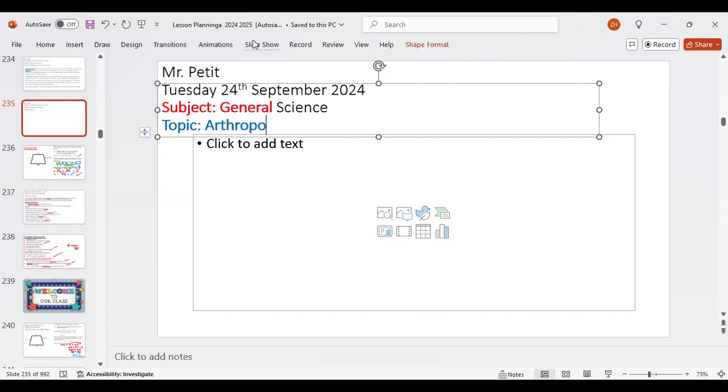Very good. So my favorite, arthropods. So I'm gonna list some animals and you're gonna tell me if they are fish, reptile, mammal, bird, or are they just invertebrate?